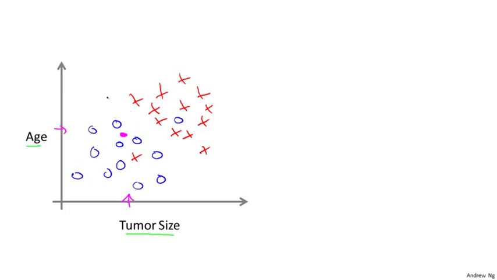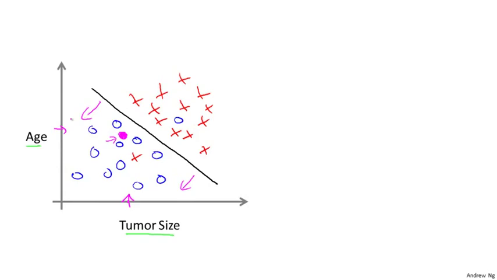And so the learning algorithm may decide to fit a straight line like that to separate out the two classes of tumors. And with this, hopefully the learning algorithm will say that your friend's tumor falls on this benign side and is therefore more likely to be benign than malignant.